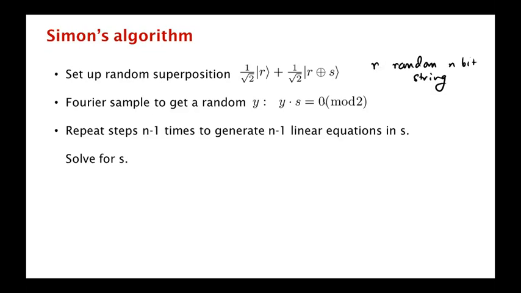What do I mean by that? I mean that if y is equal to y1 through yn, so these are the bits of y, and s is equal to s1 through sn, then the linear equation we have is y1 s1 plus ... plus yn sn is congruent to 0 mod 2.